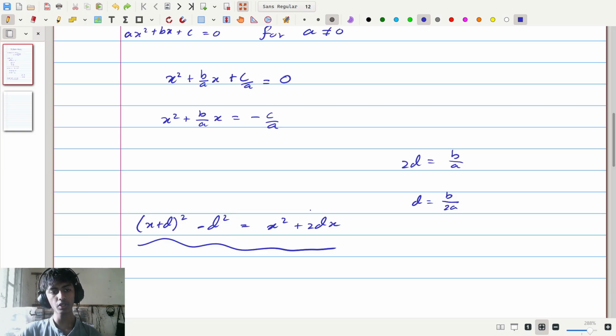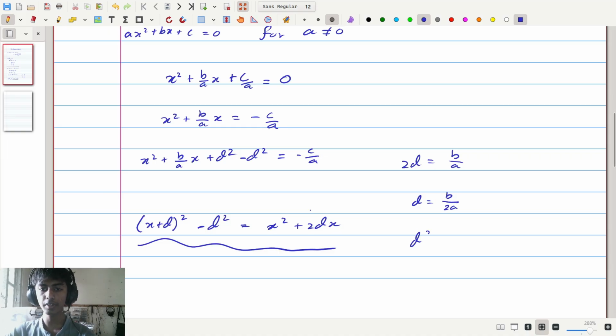So what we have to do here is to write this left side as x squared plus b divided by ax plus d squared minus d squared is equal to negative c divided by a, where d is b divided by 2a. So then if we compute d squared, b divided by 2a whole thing squared, b squared is b squared, and 2a whole thing squared is 4a squared.